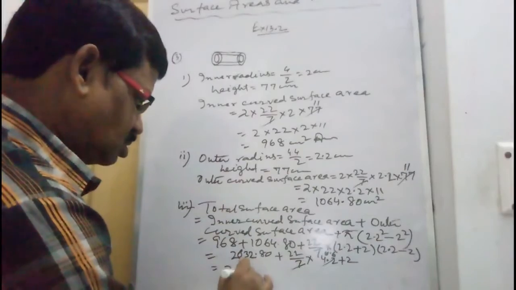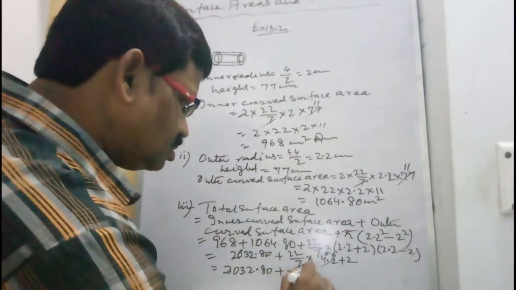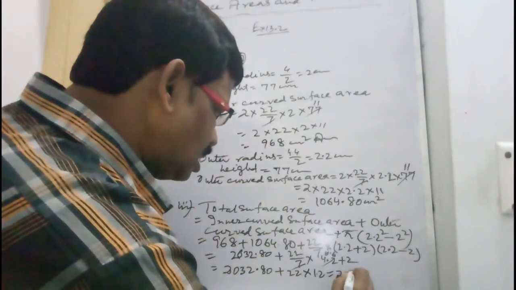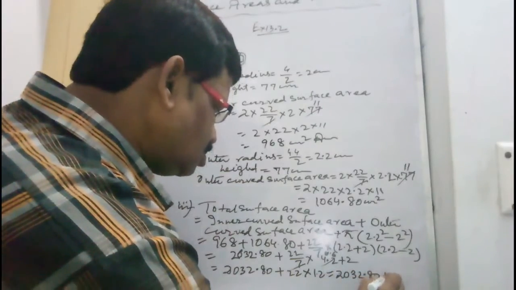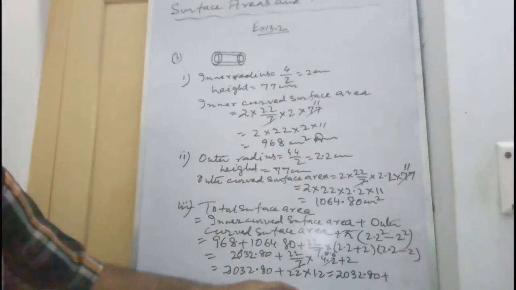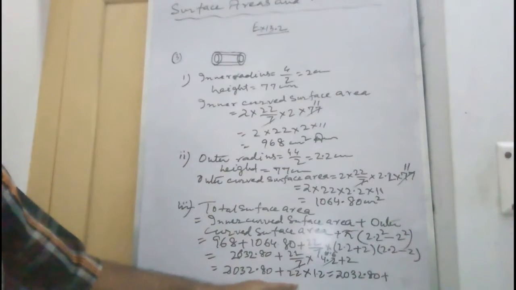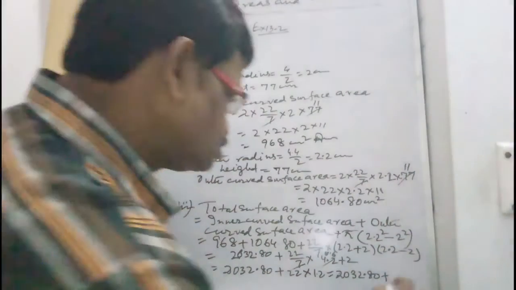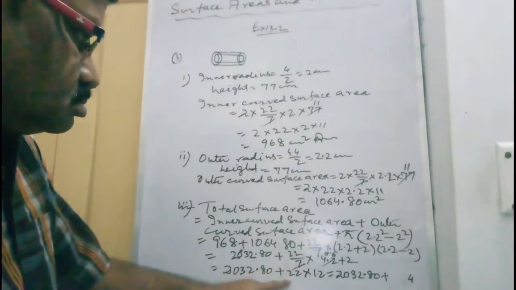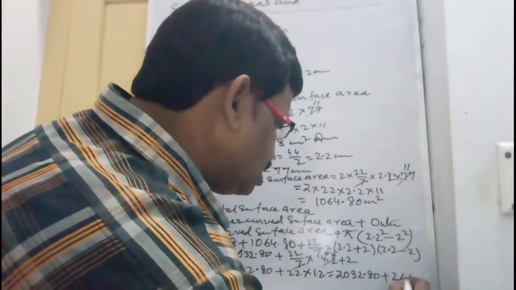So 2032.80 plus 22 into 0.6 into 0.2, multiply these two.